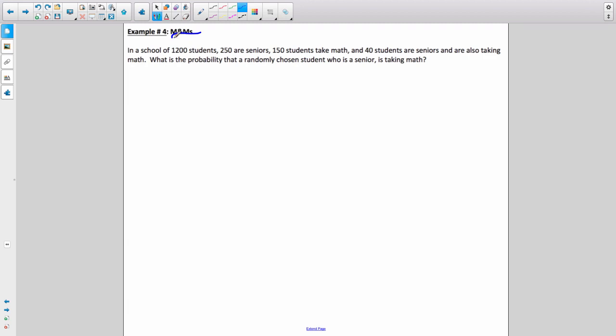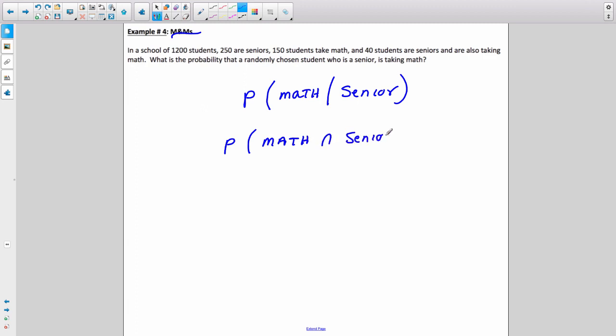So that's like saying the probability of math given that you've already chosen a senior. And you'll remember that that means it's the probability of math intersect senior, all divided by probability of senior.